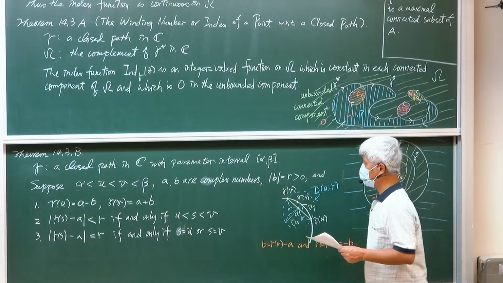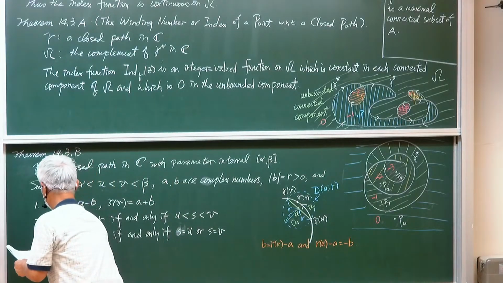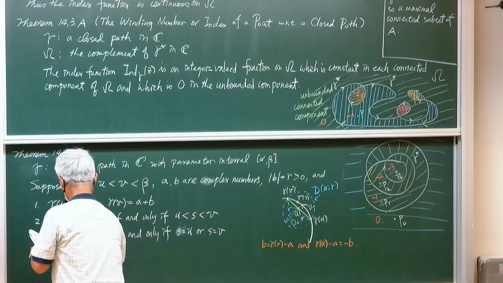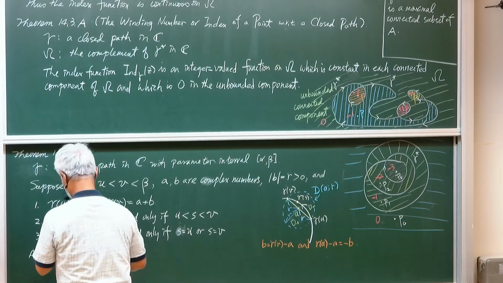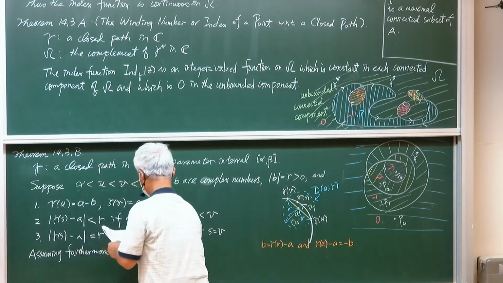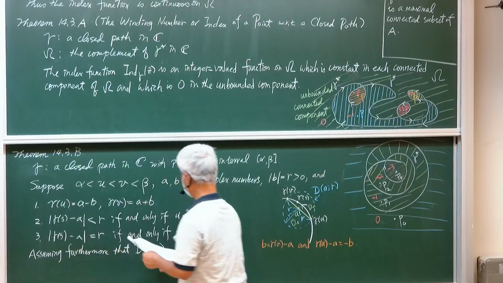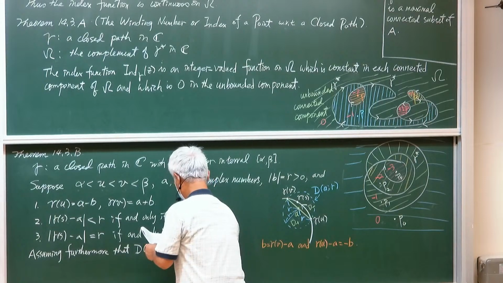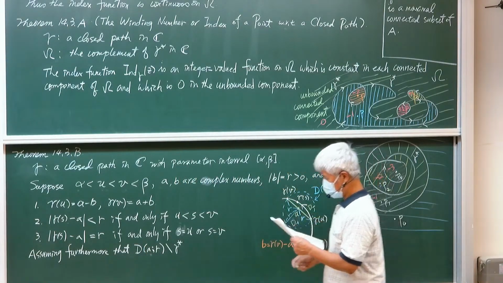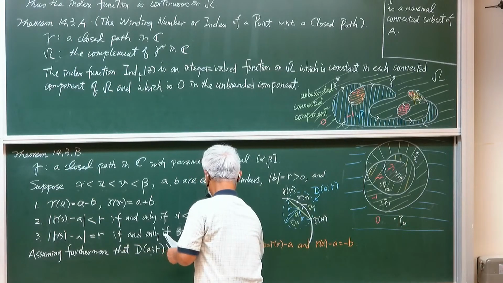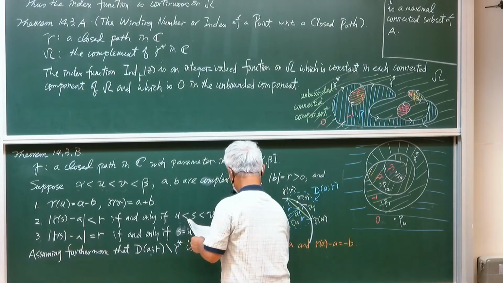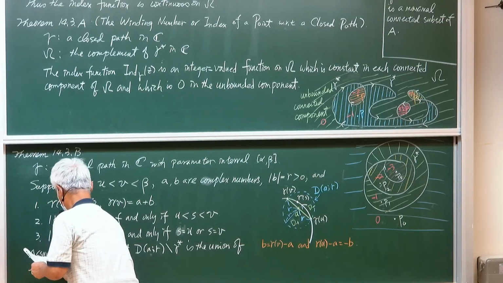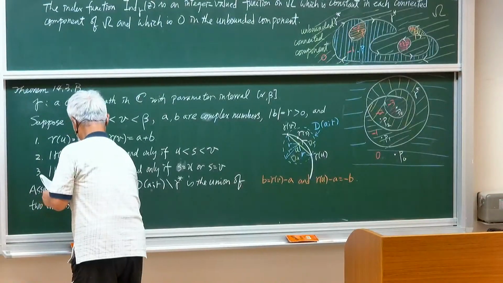Okay, so we will say that, furthermore, the disk with center A and radius R, minus gamma star, is the union of two domains, D plus and D minus.